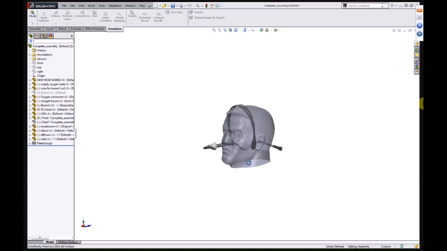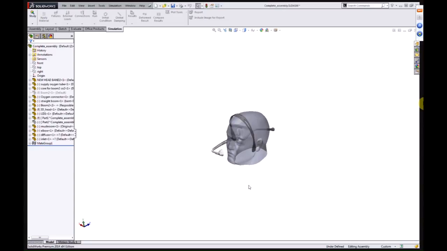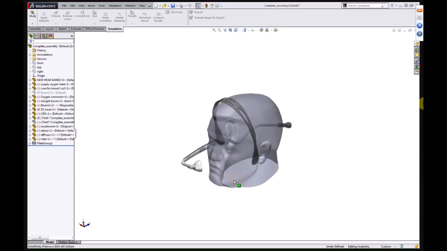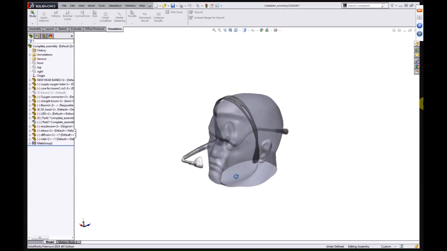So what we need to know as an analyst here is what sort of oxygen concentration the patient is seeing, and how can we adjust the design of the oxy-arm, this little vessel here, to optimize what the patient sees?